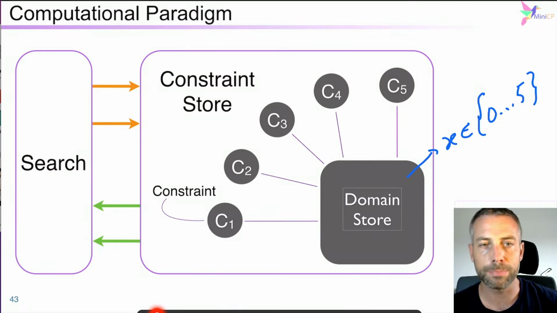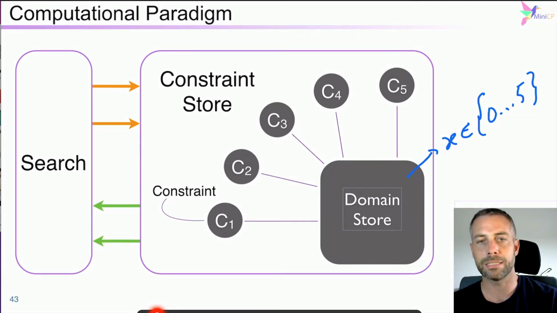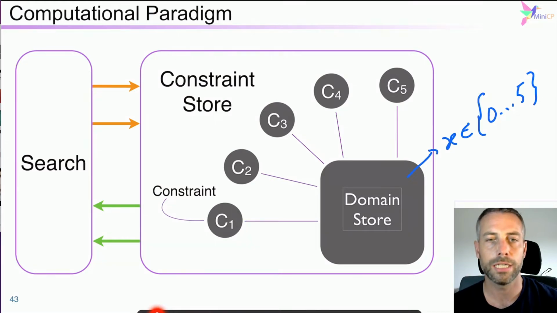The fixed point algorithm will select one constraint of your problem and check if it's feasible. If it's feasible, it will then apply a pruning algorithm associated with the constraint, and it will do so until no constraint is able to remove any value from the domains. We say that in this situation, we have reached what we call the fixed point, and it means that we might still find solutions inside given the current domain store, and we need to branch further inside the search.